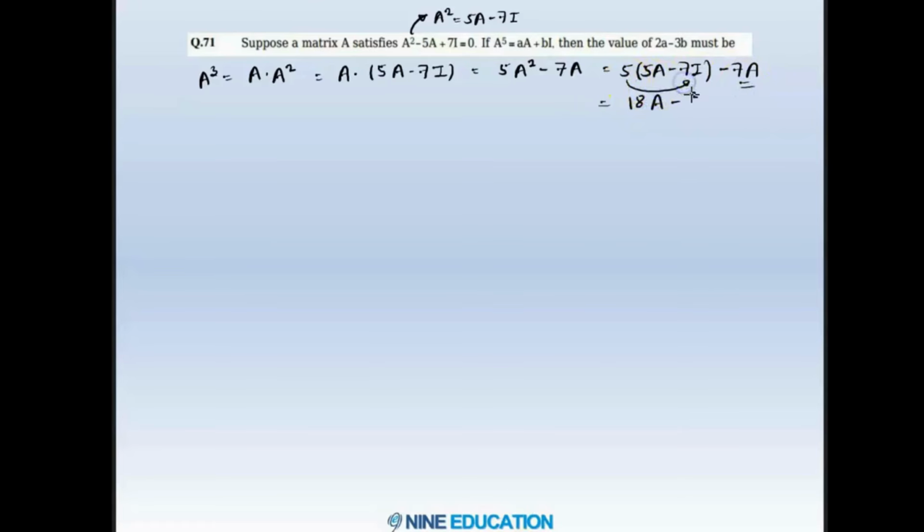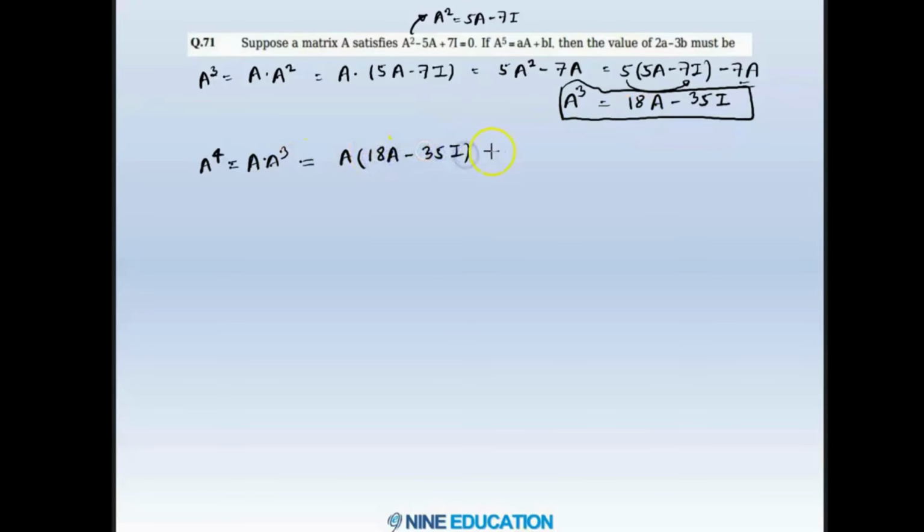Same way, let us proceed for A power 4. I can say it is A square into A square, or basically I can say A into A cube also, that is also fine, right? So we can write here A into A cube. We have A cube just now calculated here, 18 times of A minus 35I. Again opening the brackets, this will be 18A square minus 35A.